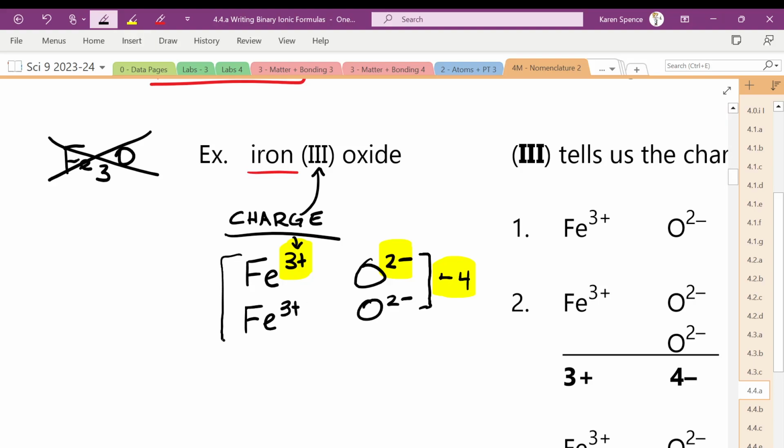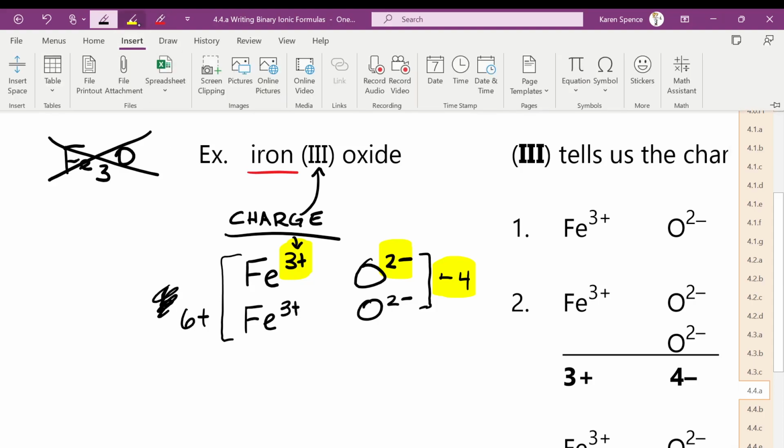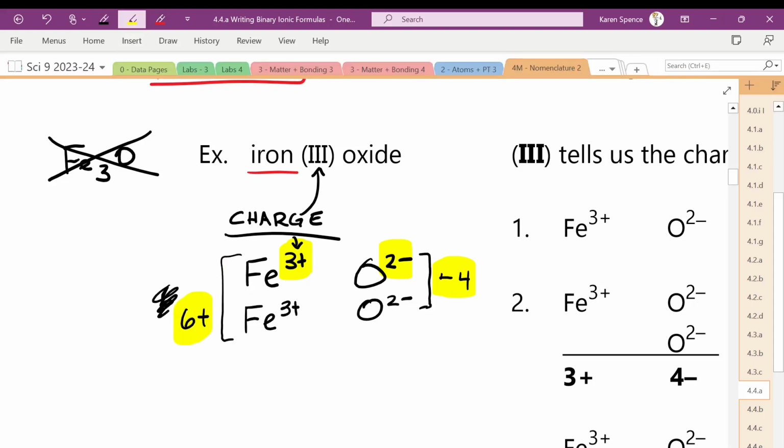How much positive charge do we have now? 3 and 3 makes 6. Are our negative and positive the same now?